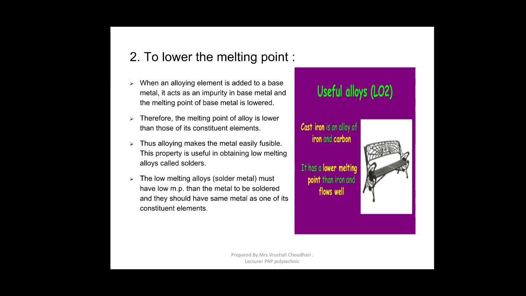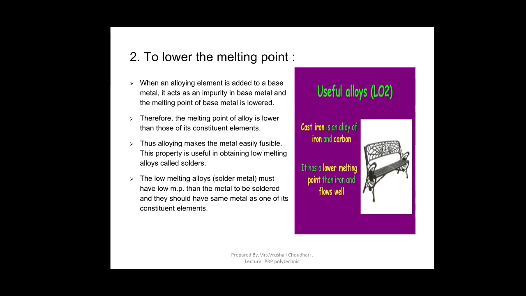Molding is difficult. Therefore we are doing alloying, due to which the melting point decreases and the metal becomes fusible. So we can easily use it for making solders, and casting properties are satisfied.